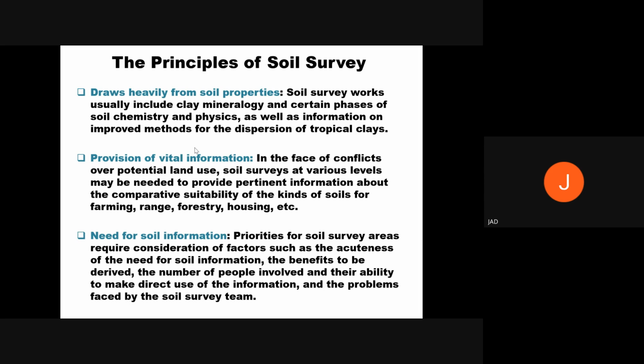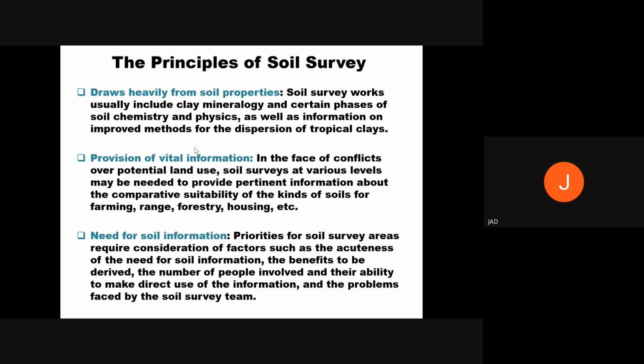Then need for soil information. Priority for soil survey areas require consideration of factors such as the acuteness of the need for soil information. Is it necessary at all to conduct soil survey? Who is going to uptake this information? There should be the principles based on, so that will guide your objective in collecting information during the survey.